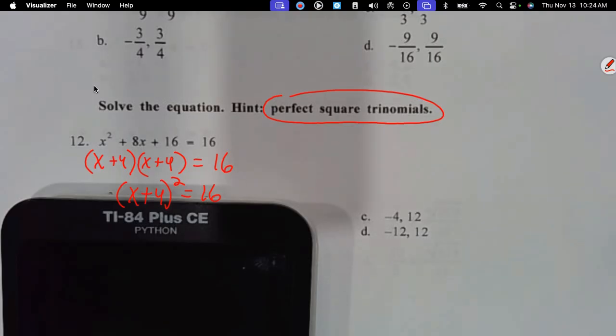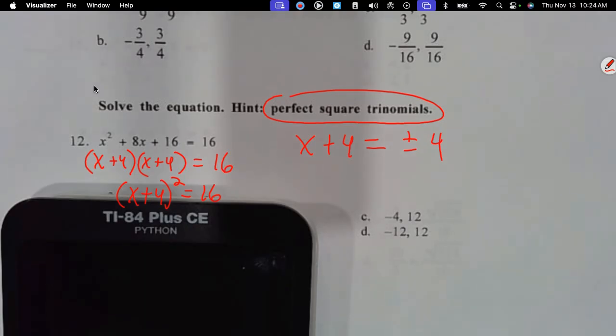Then you get your square root out. Does everybody understand square rooting? Gotta get rid of the square. So you square root. What happens when you square root? You get 2 answers. Plus or minus 4. So I've got to solve my 2 answers. What would I do?